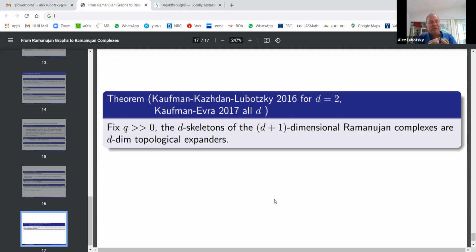Now, in a way, there is no right notion. The big success of expander graphs is that there are many equivalent definitions. Each one of them can be extended to high dimensions in more than one way, and you start to ask yourself whether all these possible definitions are equivalent to each other or not.